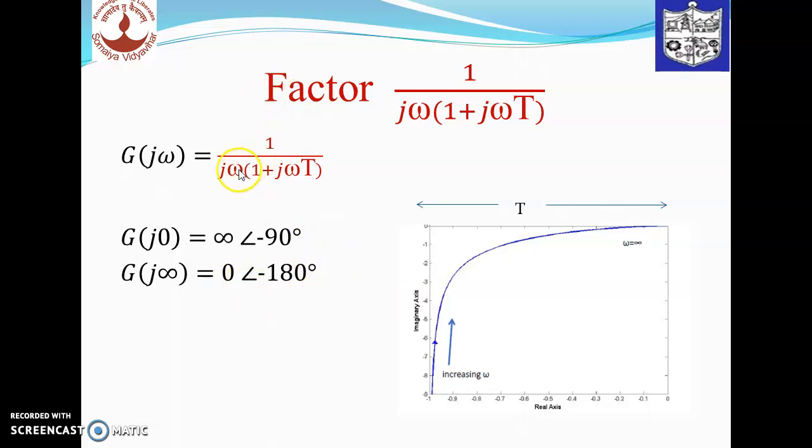Because when omega equals 0, there is no angle contribution from this factor, only minus 90 from this one. And when it is infinity, this gives a minus 90 and this also gives a minus 90. So the polar plot will be like this.